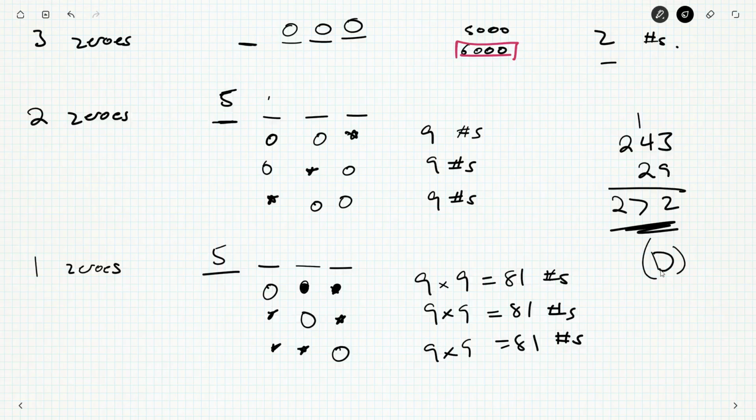Was there a faster way to do this? Not especially. But if you are looking to shortcut these things, we have 3 cases here, 3 cases here, but they all resulted in the same number. So if you wanted to break this down into a different style of counting problem, if you had 2 zeros, I know that I have to choose one of these 3 spots to be not 0.